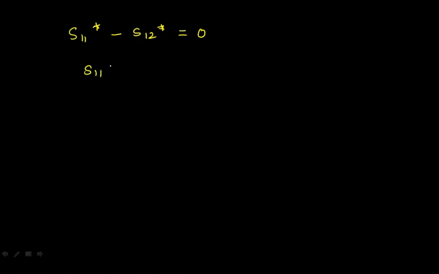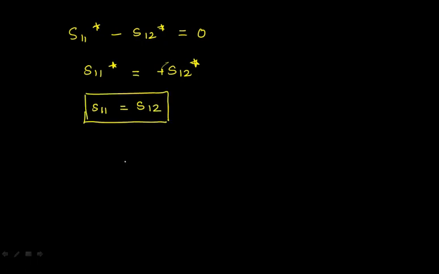This means that S11 complex conjugate is equal to S12 complex conjugate. If this is the relationship, we can say S11 is equal to S12. So this is something which we have found here.